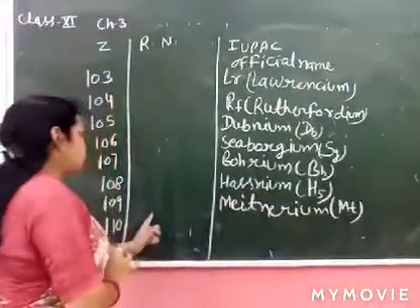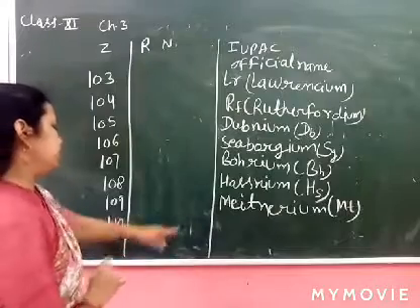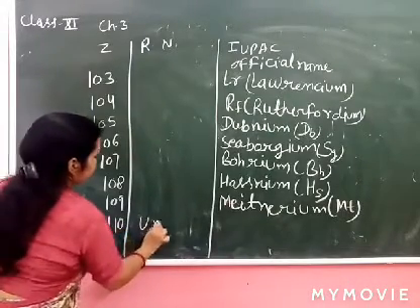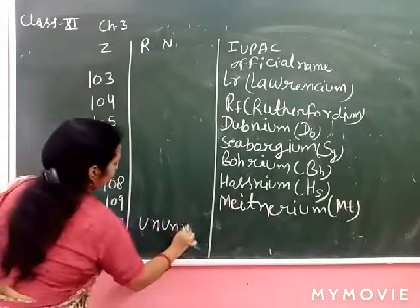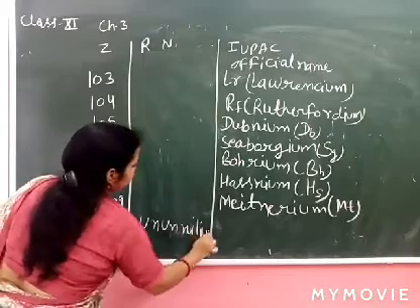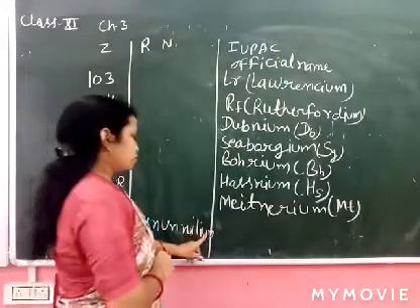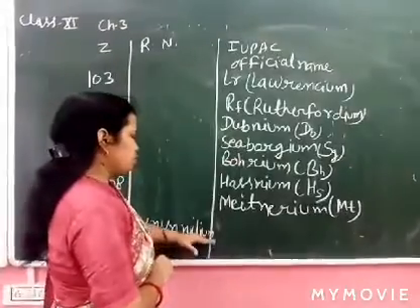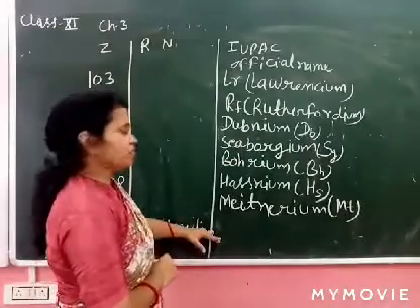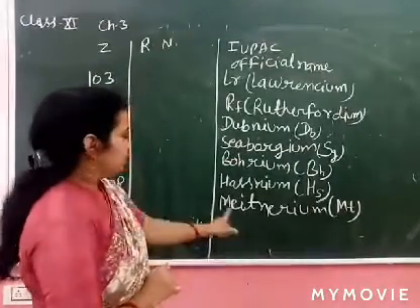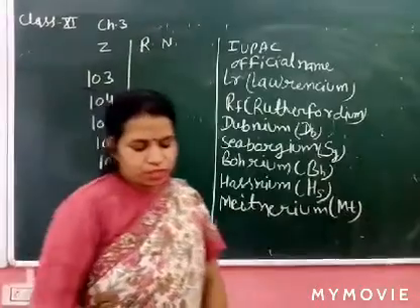So you have to practice and write down all the names. In the last, use ium as a suffix. Next, 110. What is the name given?